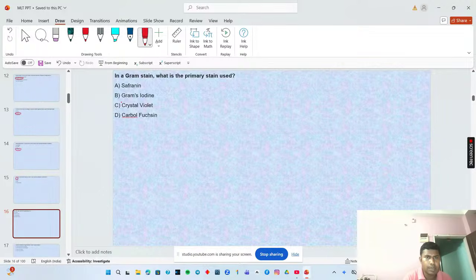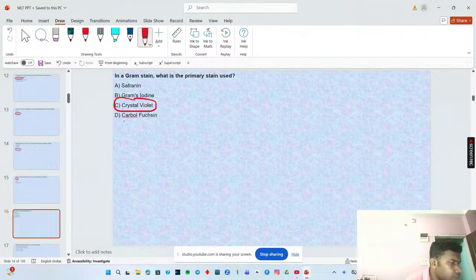It is crystal violet. Crystal violet will be the right answer. So crystal violet is the primary stain used in the Gram staining process.